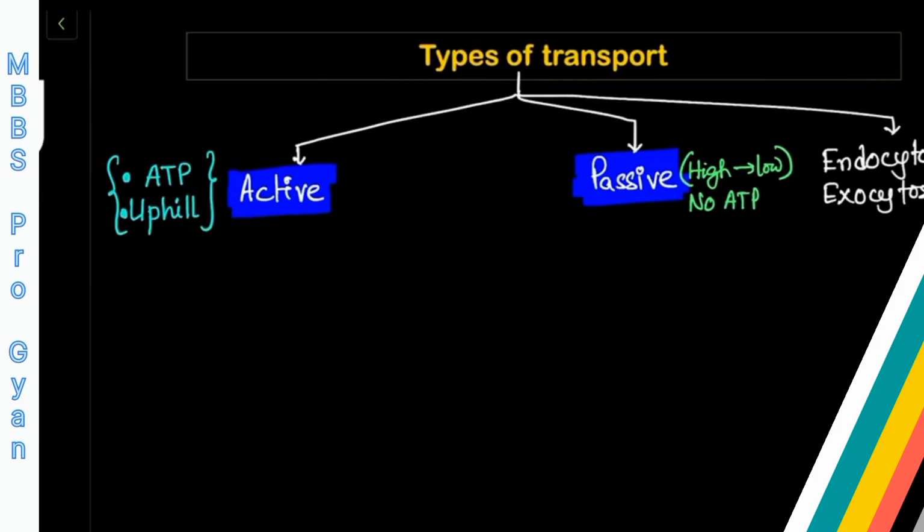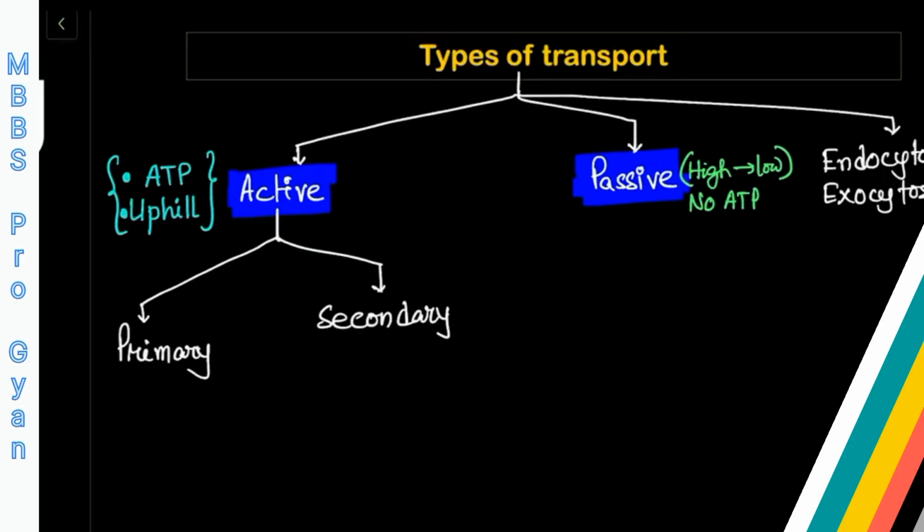Now active transport is again divided into two. One is primary active transport and one is secondary active transport.